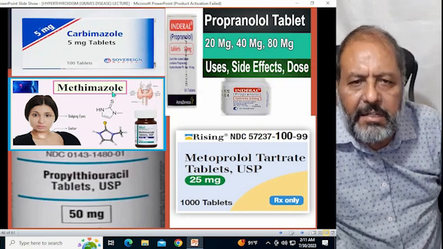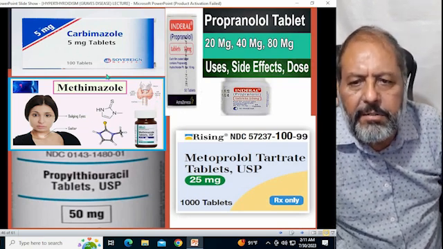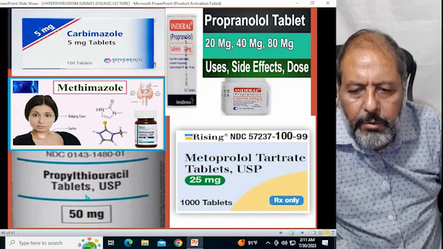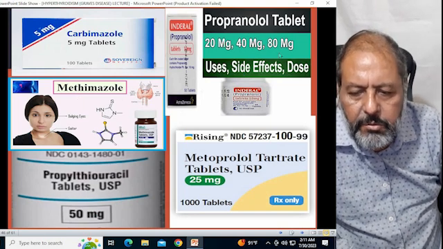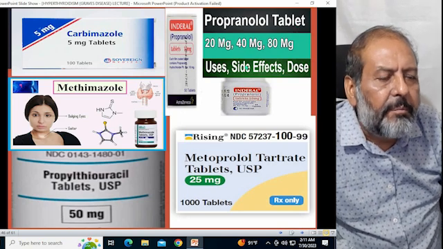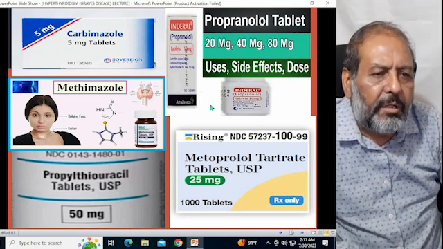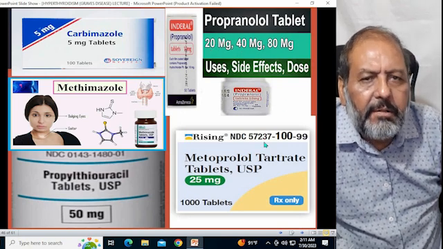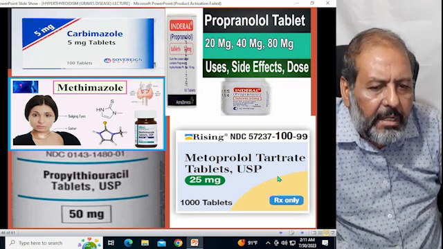So these are the drugs which are used as antithyroid medicine: carbimazole 5 milligram, methimazole and propylthiouracil tablet 50 milligram. Propranolol and metoprolol tartrate are beta blockers which are given to treat the symptoms, in doses of 20 milligram, 40 milligram, 80 milligram.